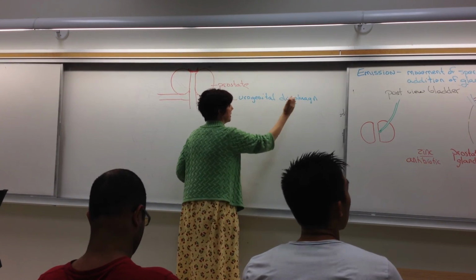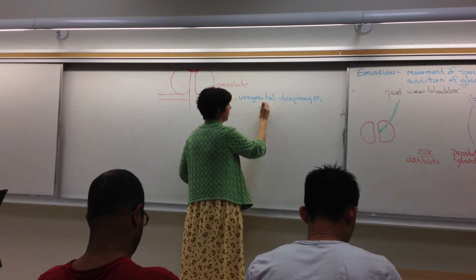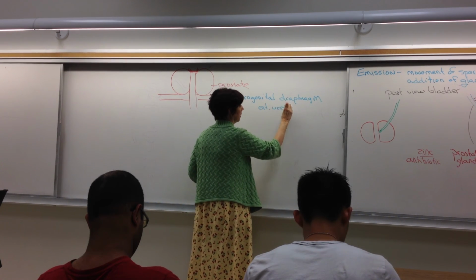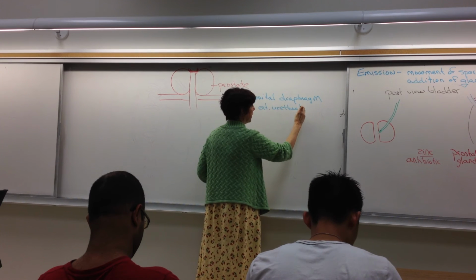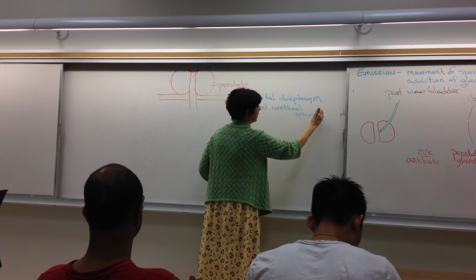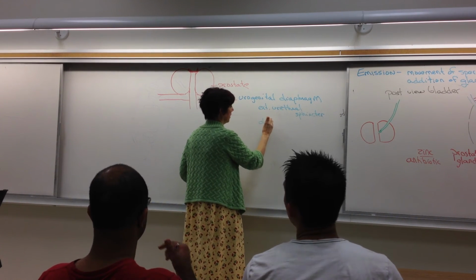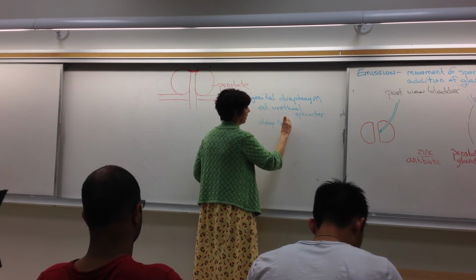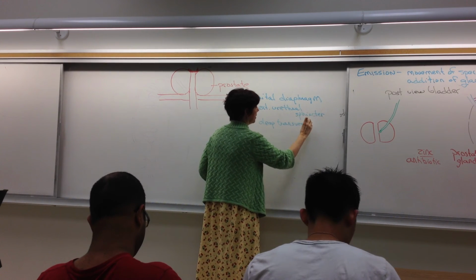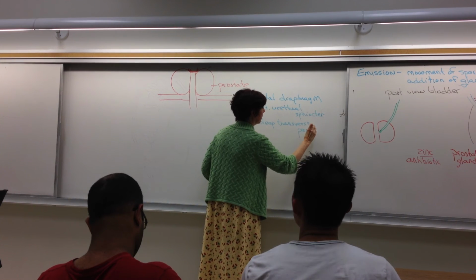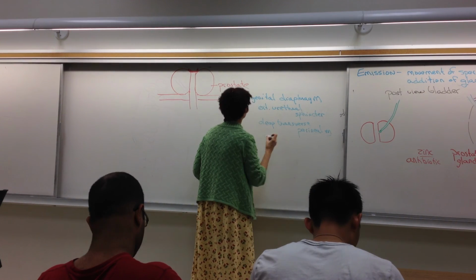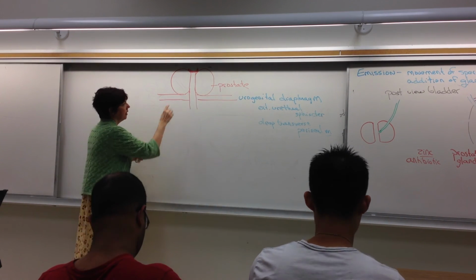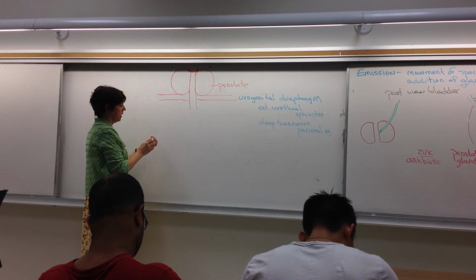So urogenital diaphragm, also known as external urethral sphincter, also known as deep transverse perineal muscle. So this is the prostatic urethra.